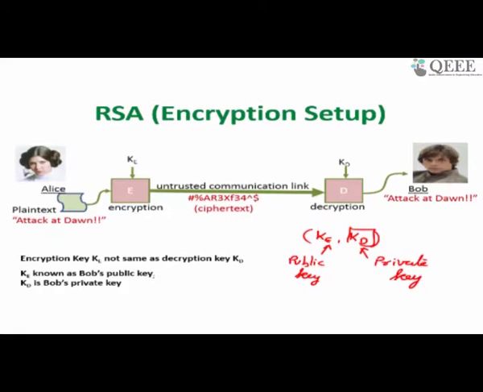Alice, who wants to communicate secretly with Bob, would go to Bob's website, pick up the KE which he has advertised, that is Bob's public key, and she would pass her message through the encryption algorithm with the public key to get the ciphertext. Note that once this ciphertext is encrypted, there is no way to decrypt it unless you have the corresponding private key.